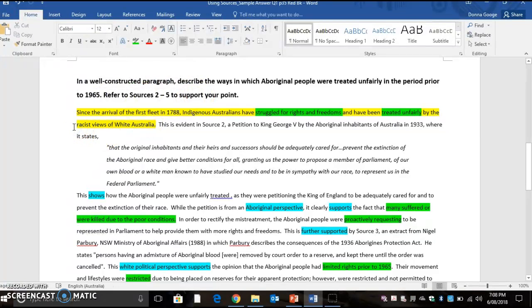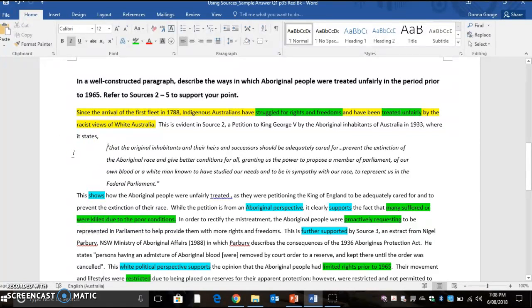Okay, so it's giving some background, the time, since the arrival of the First Fleet. Now, they have struggled for rights and freedoms and been treated unfairly. And in here, this section is the point that you are making because of the racist views of white Australia.